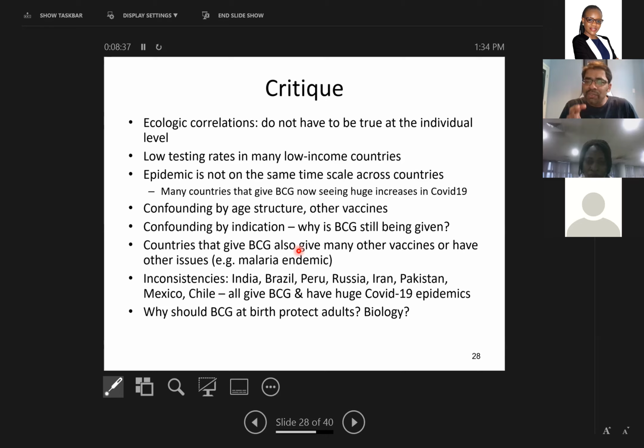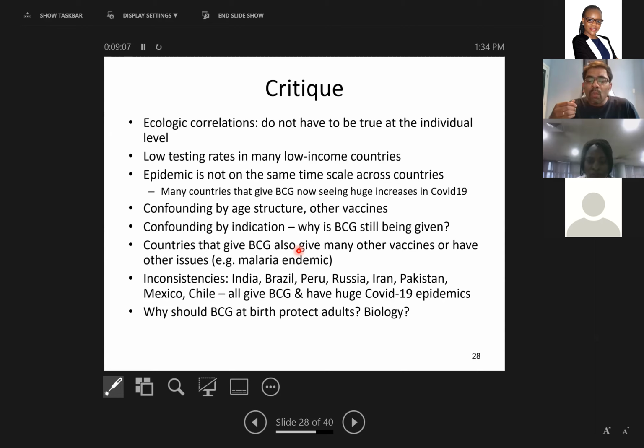The percentage of elderly people in these countries is much, much smaller than, say, UK or Spain or France or any of the European countries, or even US or Canada. US, Canada, and European countries have large numbers of elderly people, right? So it's simply not a fair comparison to compare various countries and completely ignore confounding by age. Whatever difference you're seeing could be an age issue and nothing to do with BCG.